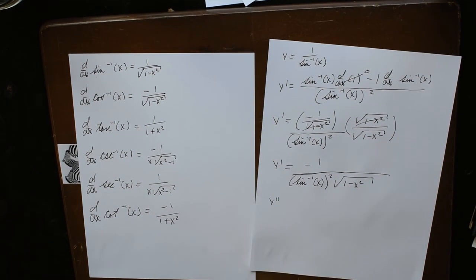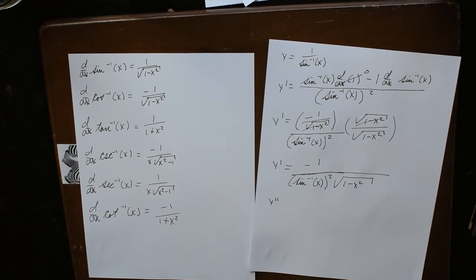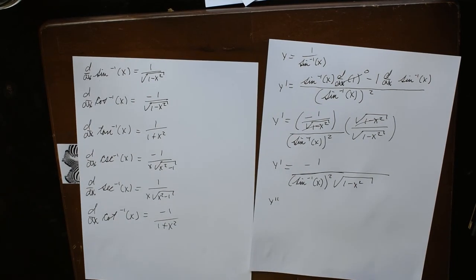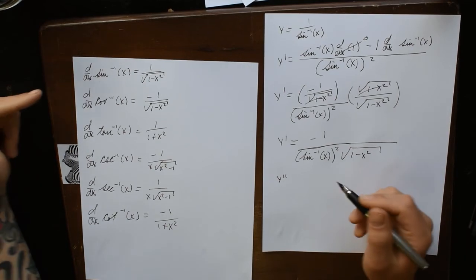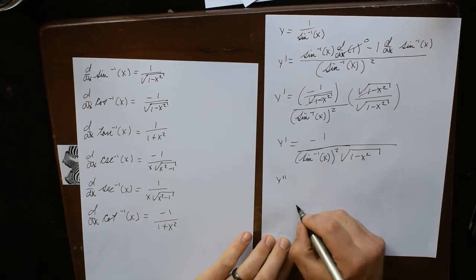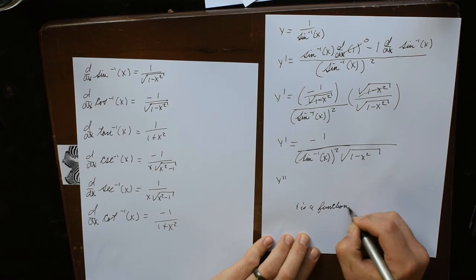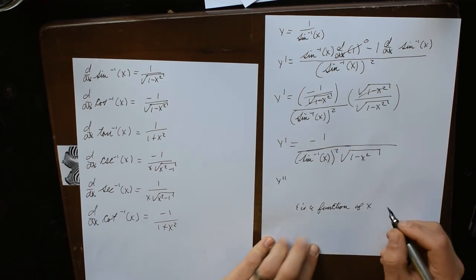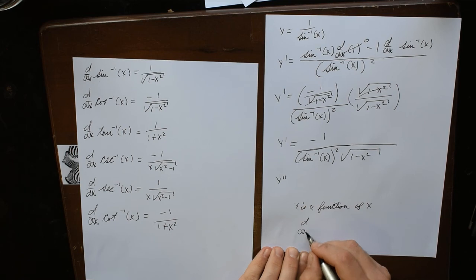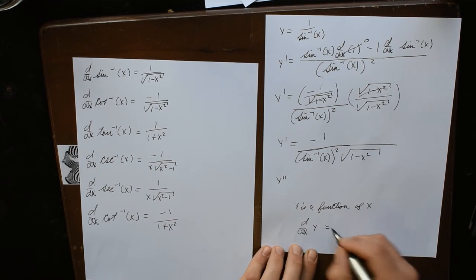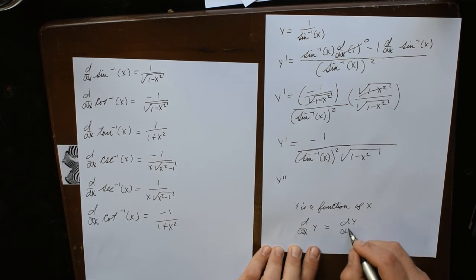So this is really implicit differentiation. The big takeaways are y is a function of x. The derivative with regards to x of y is equal to dy dx.